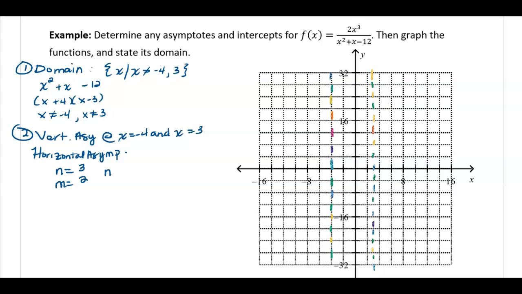Because n is greater than m, we don't have any horizontal, but because n equals m plus 1, we have an oblique asymptote. So now we have to do that polynomial long division.